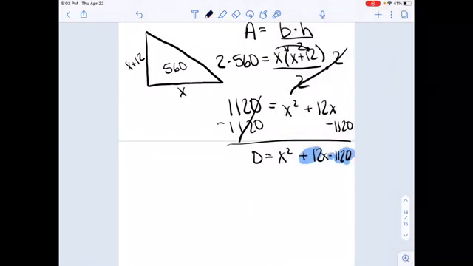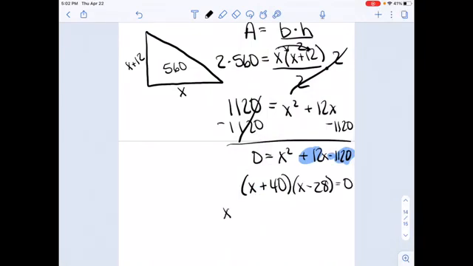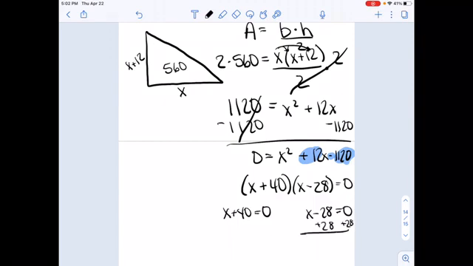So I know my factors are x plus 40 and x minus 28 is equal to 0. Now to finish solving, you just set each of these equal to 0. So I get x equals 28 and x equals negative 40.